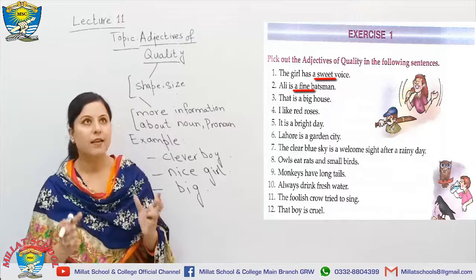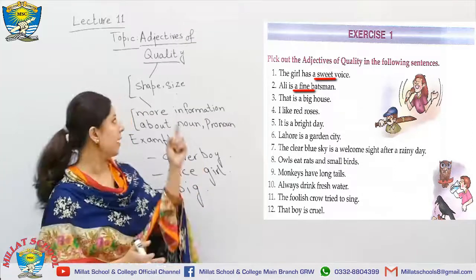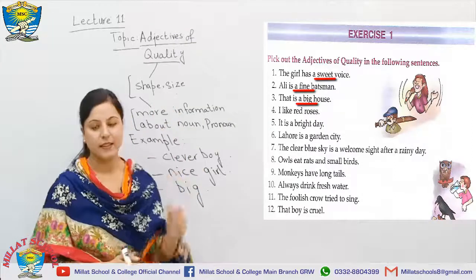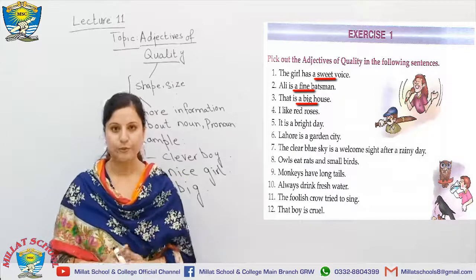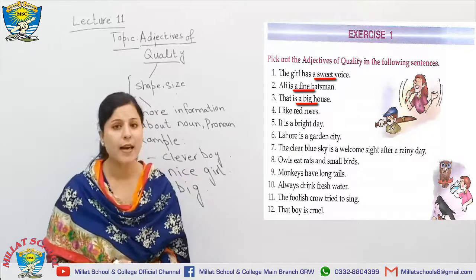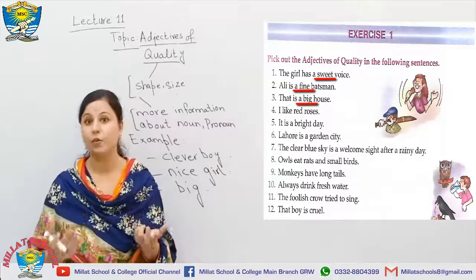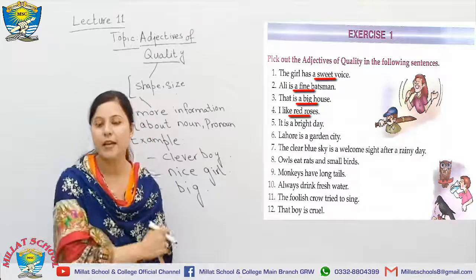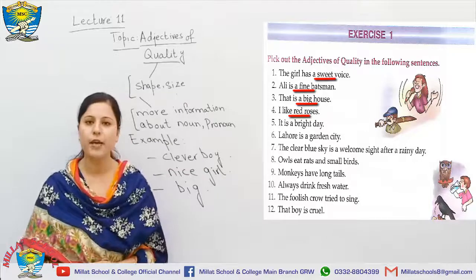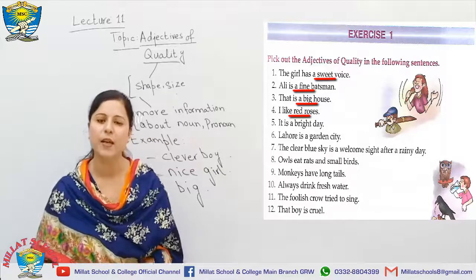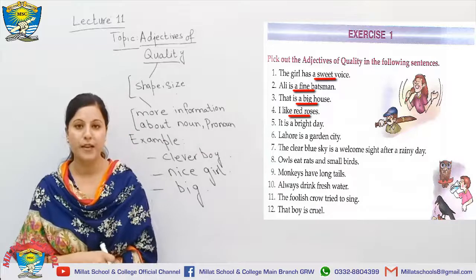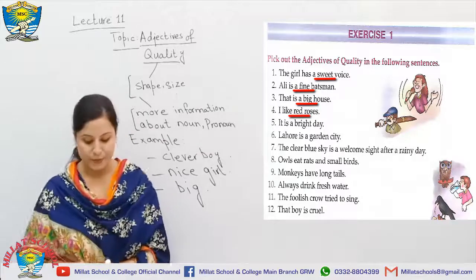What is the quality of a house? It's big. Number 4. I liked red roses. So what are the qualities of the roses? They are in red color. So red color is already attracted color and it has been attracted by so many people, unlike me and you.